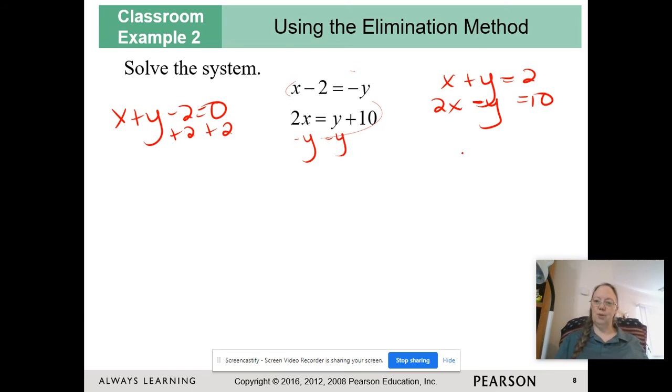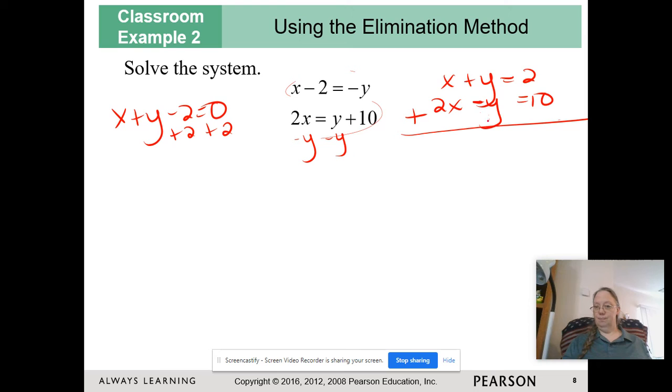Now, when I do this, remember, my goal is to add the equations together, but I have to have one of my variables eliminate. So notice this is 2. For my x's to eliminate, this would have to be negative 2. And it's not right now. This is positive 1y, this is negative 1y. These are opposites, which means if I add them together, they would cancel out or eliminate.